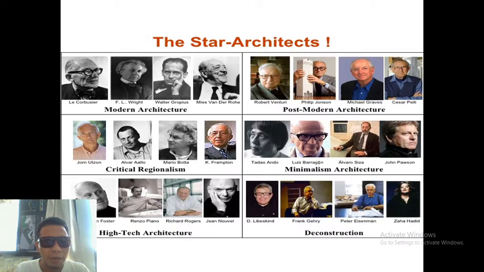So, here are some examples of what we call star architects. In your history of architecture and probably also in theory of architecture, you will get to encounter more of this, and you will get to know the stories that they have as an architect.